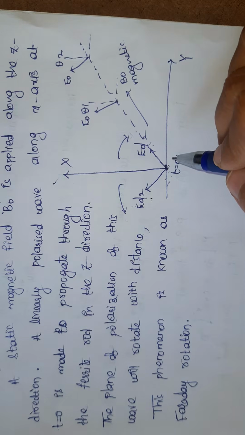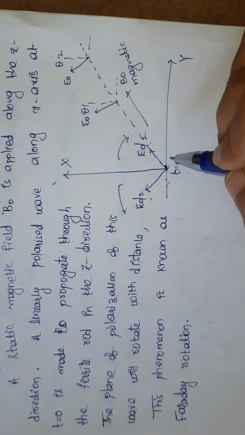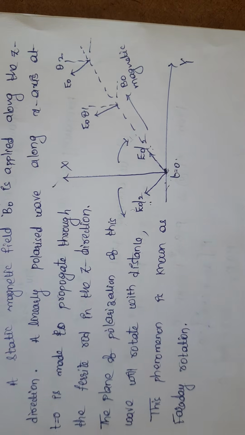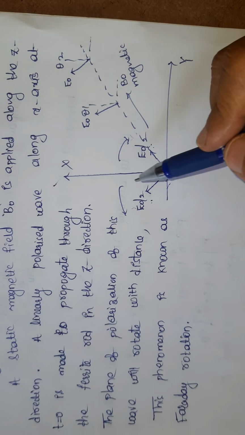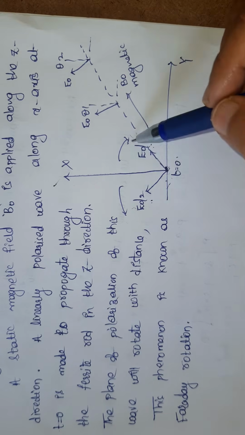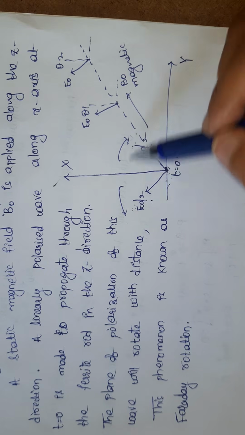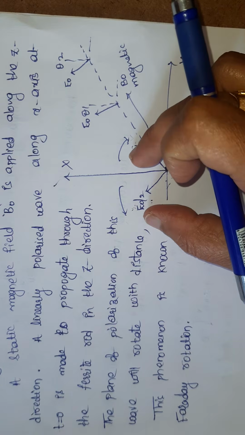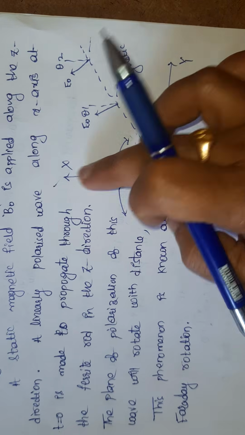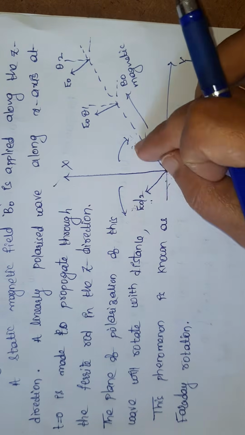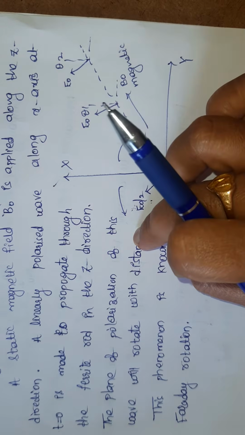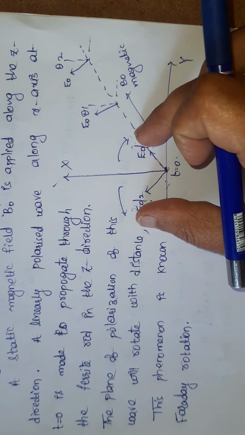Here the ferrite rod offers different characteristics to the waves. As I already told you, a linearly polarized wave is nothing but the sum of two circularly polarized waves, and those waves move in counter-rotating directions.